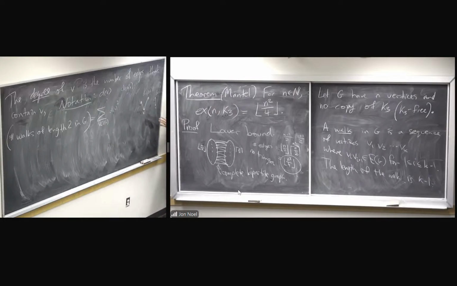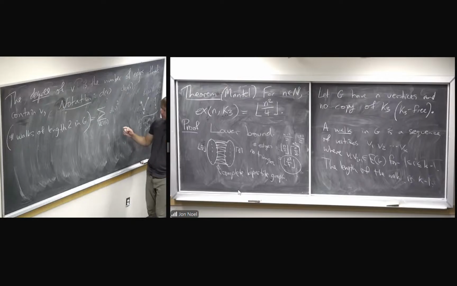So these are two types of walk. You could also think of it as d of v choices for this, d of v choices for that, or as, if they're distinct, this many choices, and if they're not distinct, this many choices, and you add them up and it makes d of v squared. Makes sense? Any questions about that?